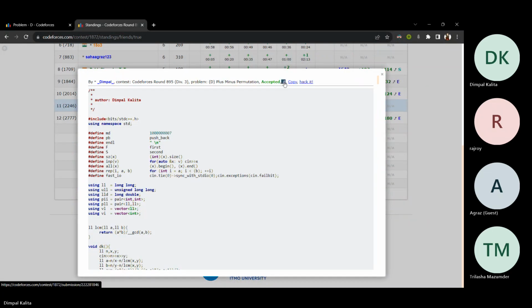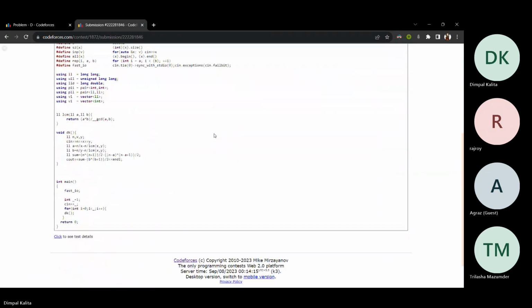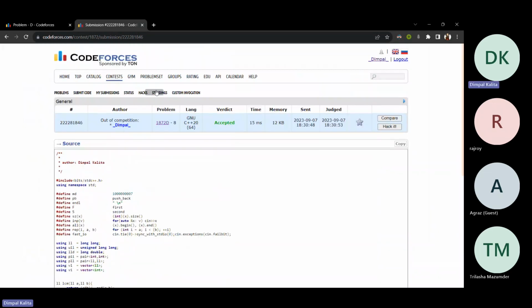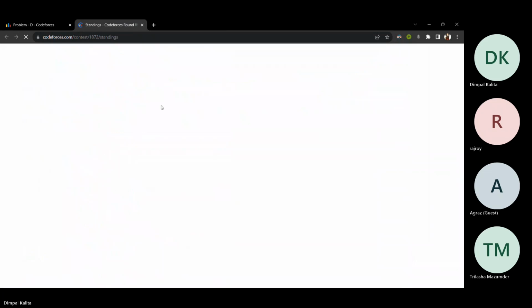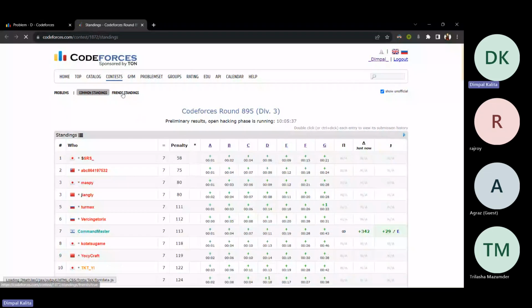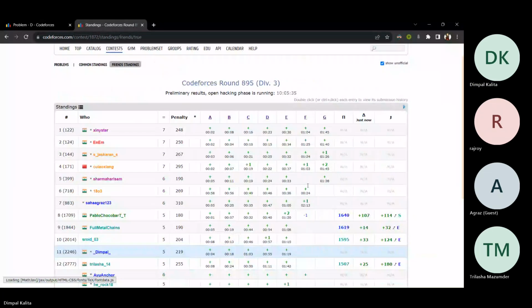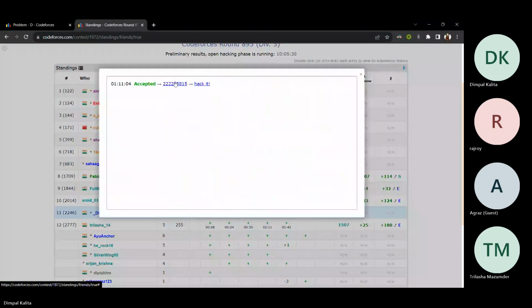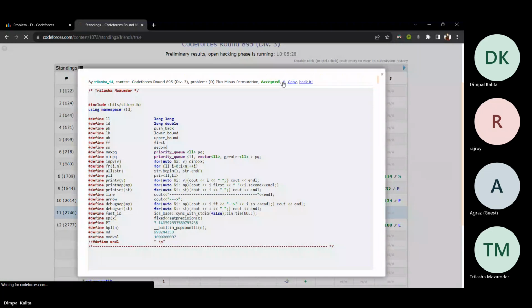The screen is stuck. Yes. I have opened the question. Okay, wait, I'll open a solution also.